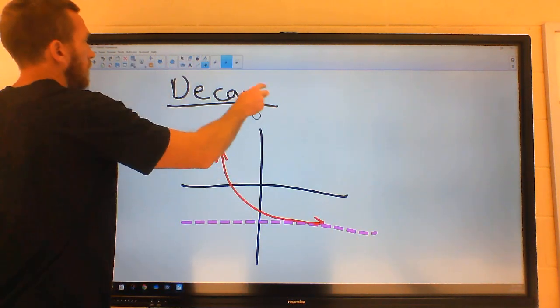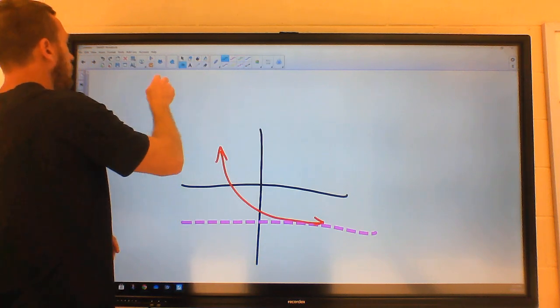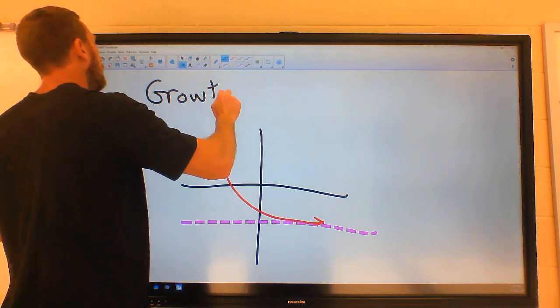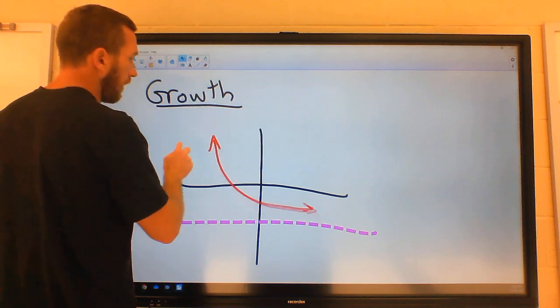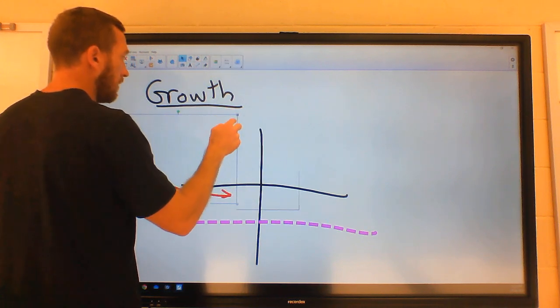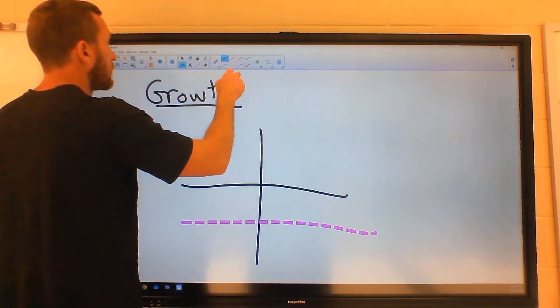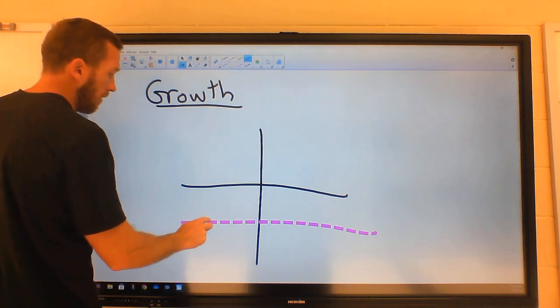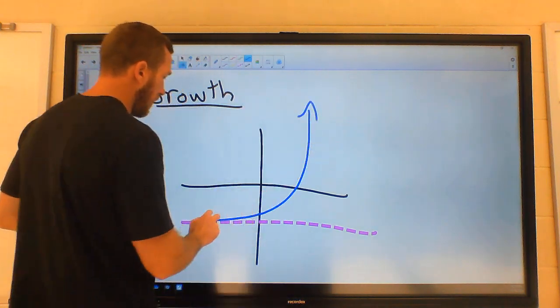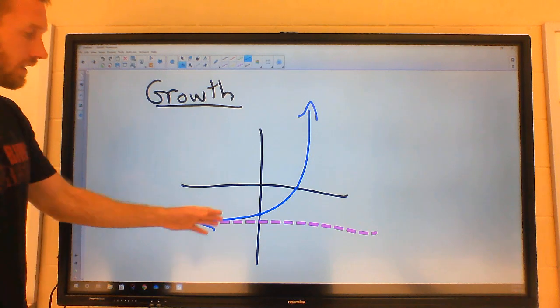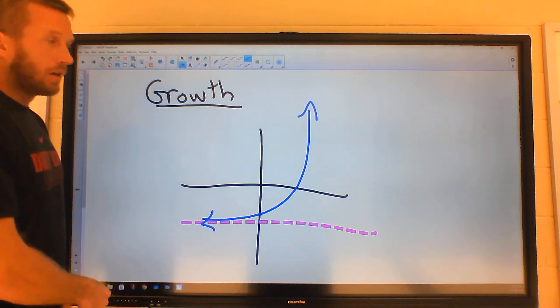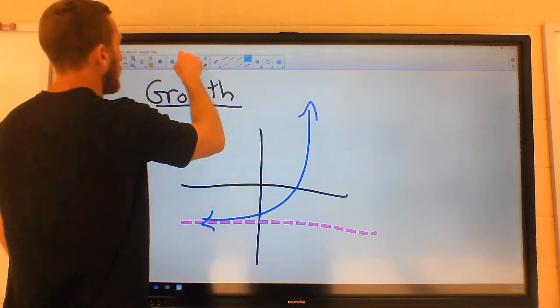As opposed to, for a growth problem, you can think of it as it grows away from our asymptote over time, meaning the side that approaches the asymptote is on the left, and then it grows away from it over time.